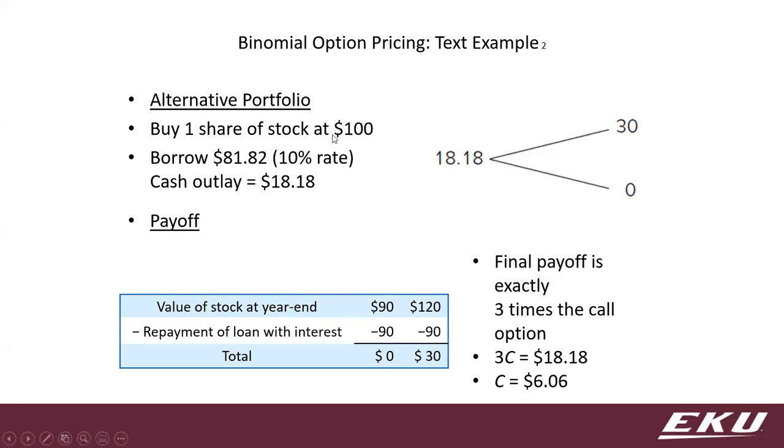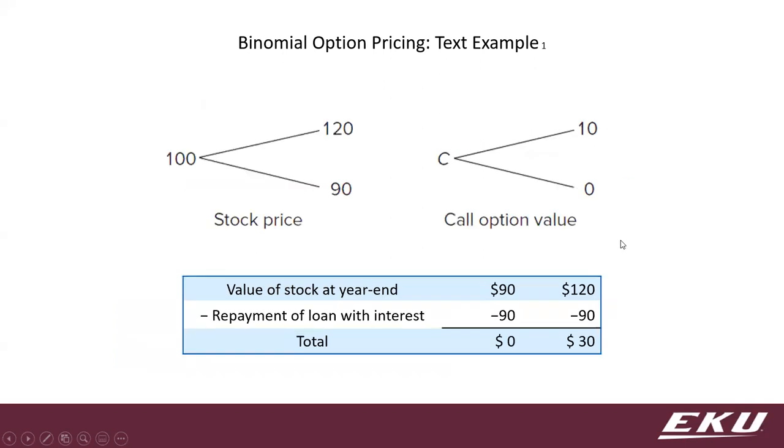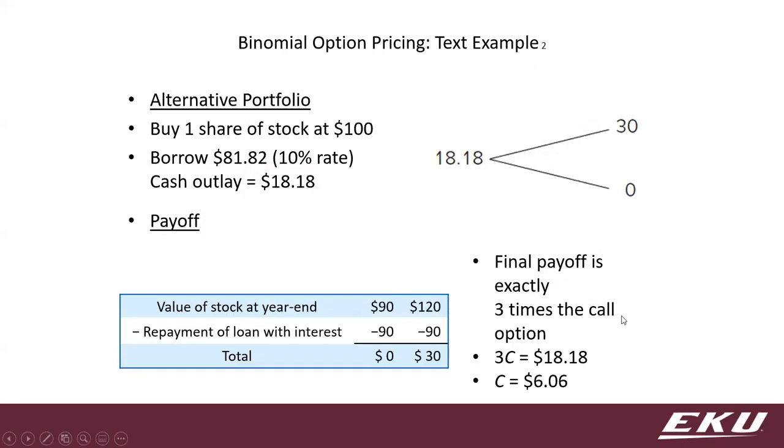Here's another example. So if I buy a share of stock at 100, I could borrow to buy the stock with. I pay some portion, and I have to repay the loan, right? Or I could have the option itself, right? And here you'd see the final payoff is exactly 3 times what this call option was before, right?